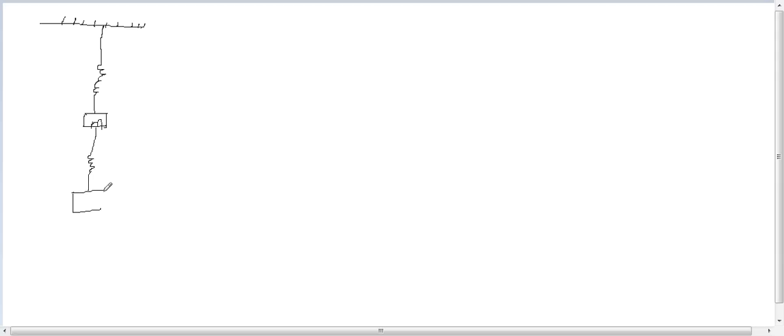This is 2m. This is k, and this is k by 2. Let's suppose this is k by 2. The whole system is in equilibrium.